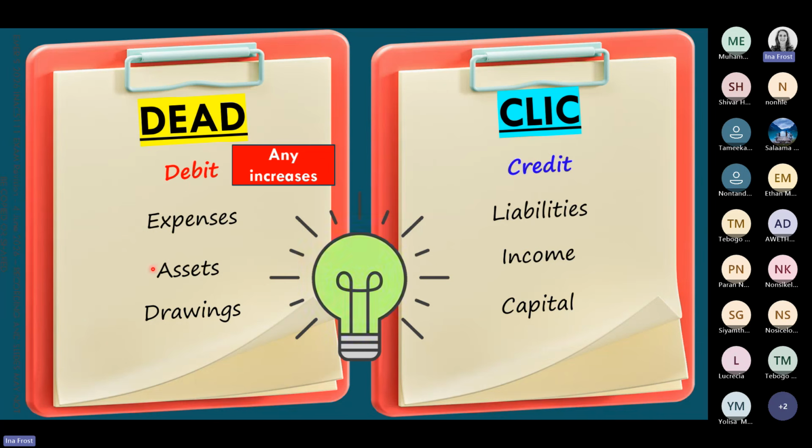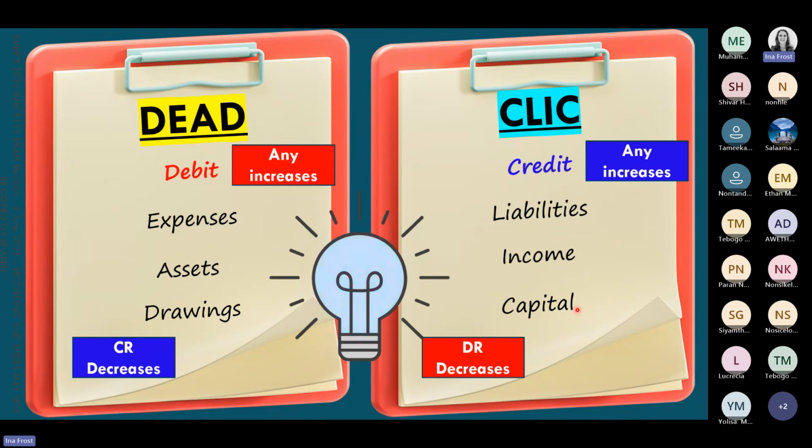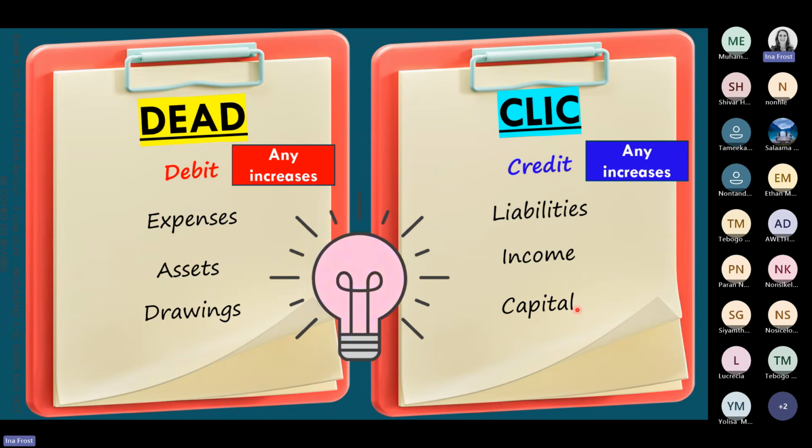Furniture is an asset, so we're definitely going to debit the furniture. On the click side, our capital account increases on the credit side. So we're going to debit our asset furniture and credit our capital account. And remember, the decreases are always on the opposite side.